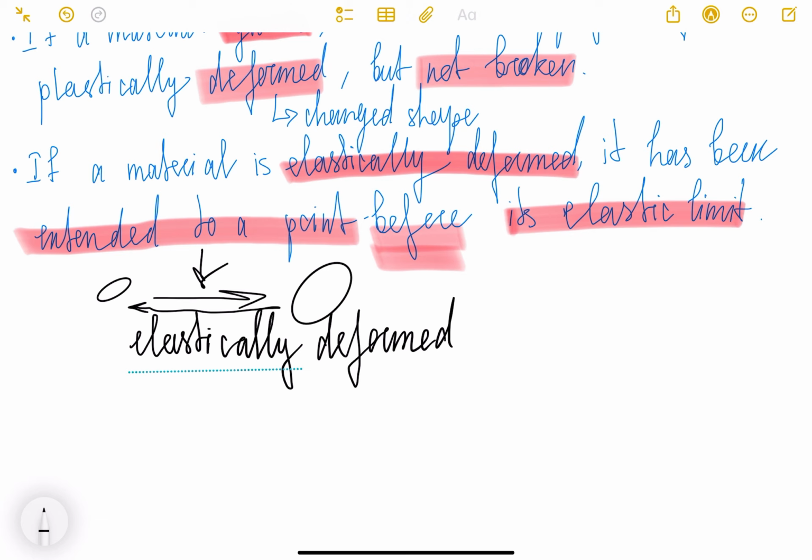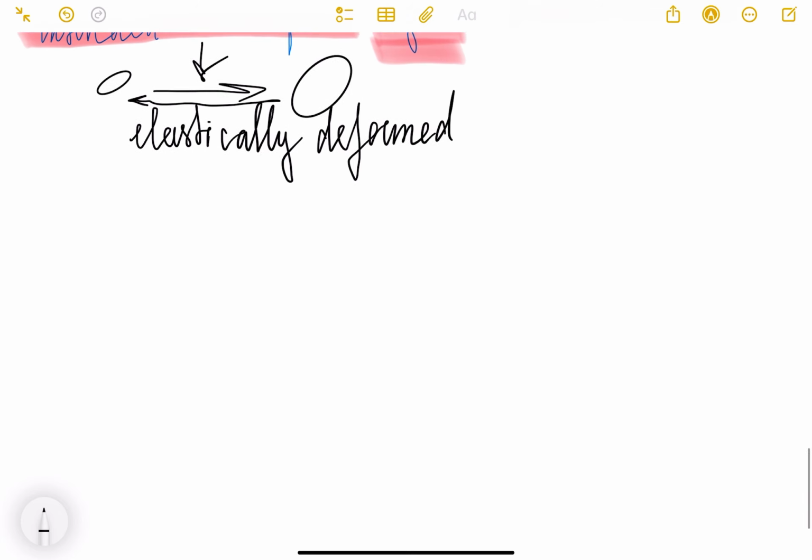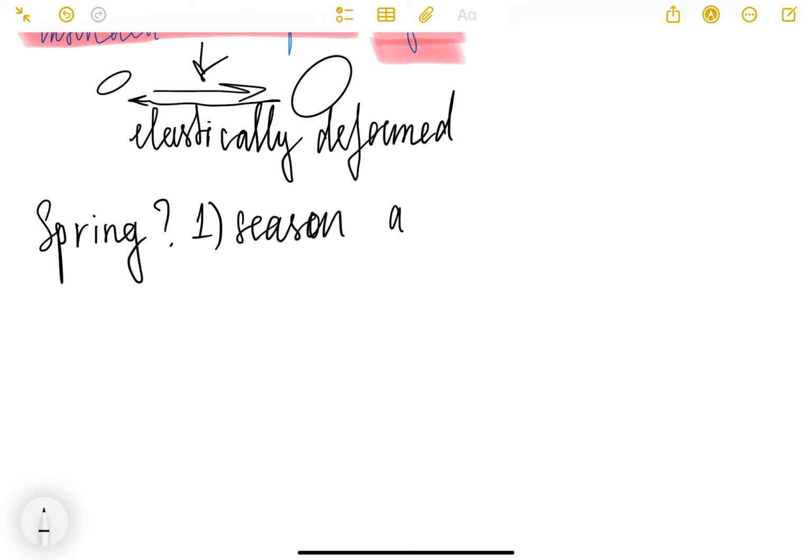All right. So, how are the springs used in a car? Suspension is made springy. Do you know spring? Yes, spring is a season, right? Like after winter, before summer.